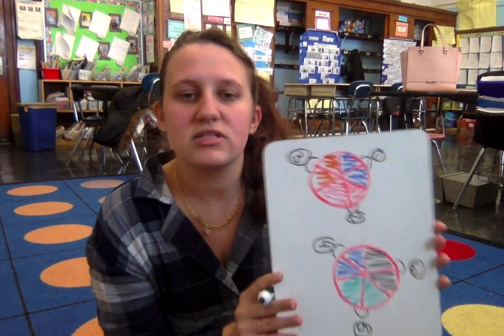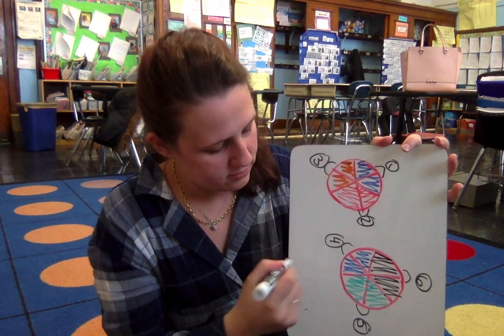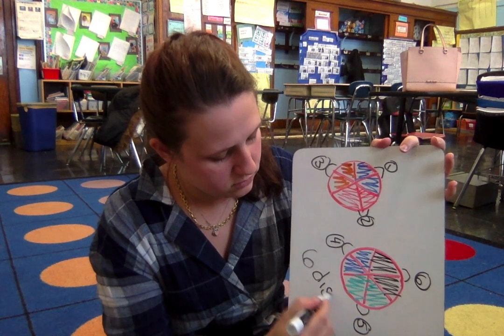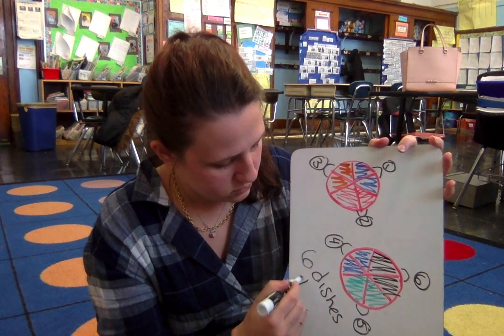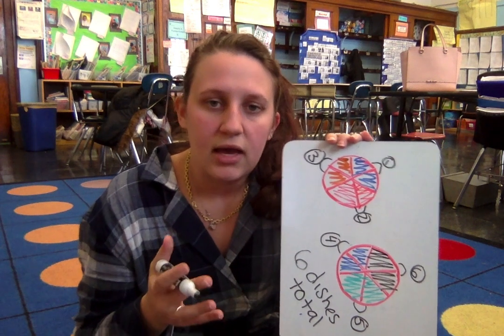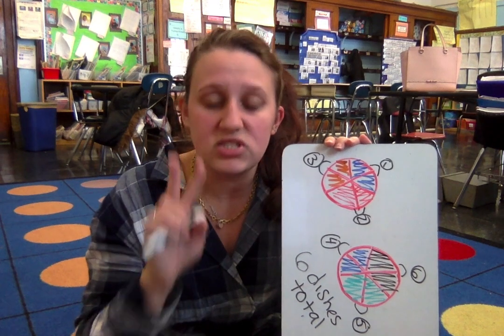So he's served 6 tables. So if we were to answer this question, I would write 6 dishes total. All this is asking is, how can I make two whole pies using just 2 sixths?